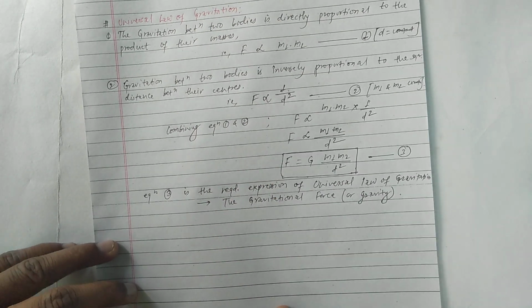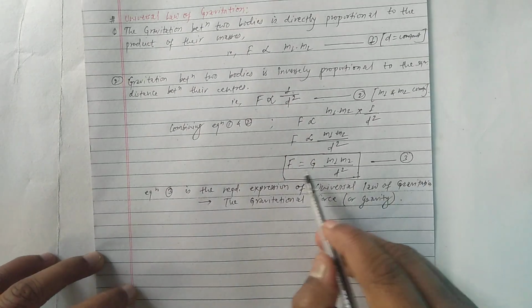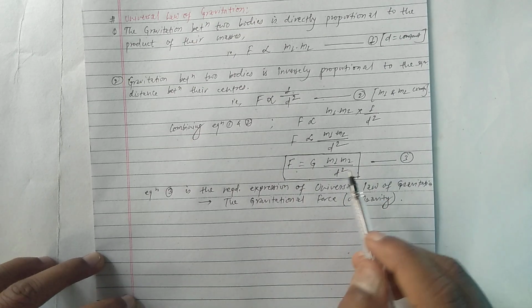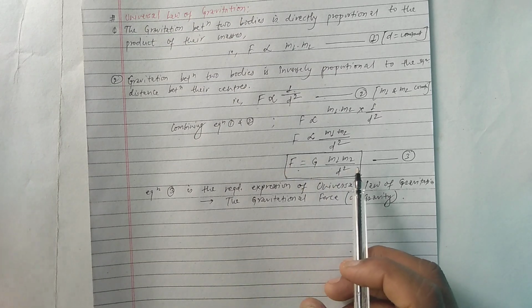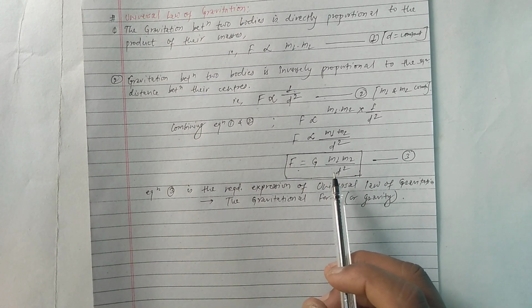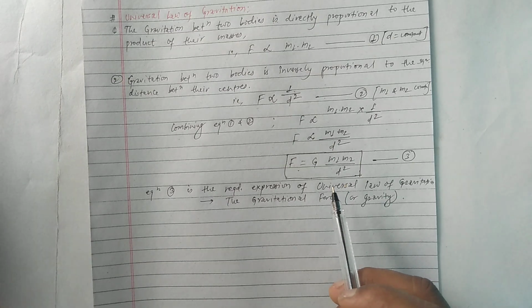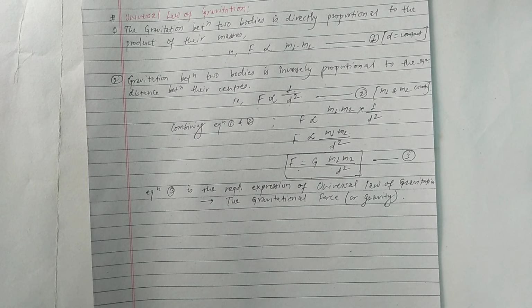This law is given by Newton. Now we have this basic formula, F equals G m1 into m2 by d square. With the help of this formula, we calculate the gravitational force between two bodies. The bodies may be small objects, or huge masses like Mars, Moon, Sun, Earth. So let's do some numericals regarding this.